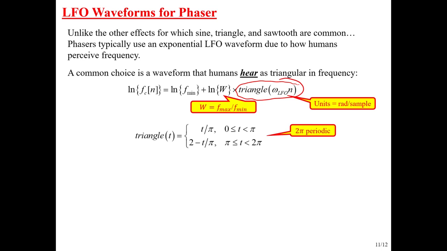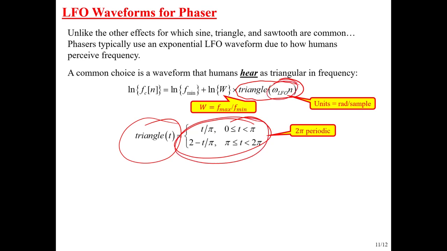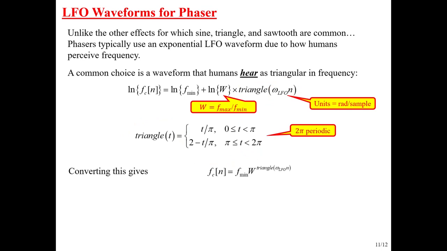If we specify our LFO this way, using a triangle, these equations tell you how the triangle works. We can then map this mathematical expression into a triangle for a given LFO frequency. So if we convert that into FC, we use the triangle to adjust the FC in this exponential form.